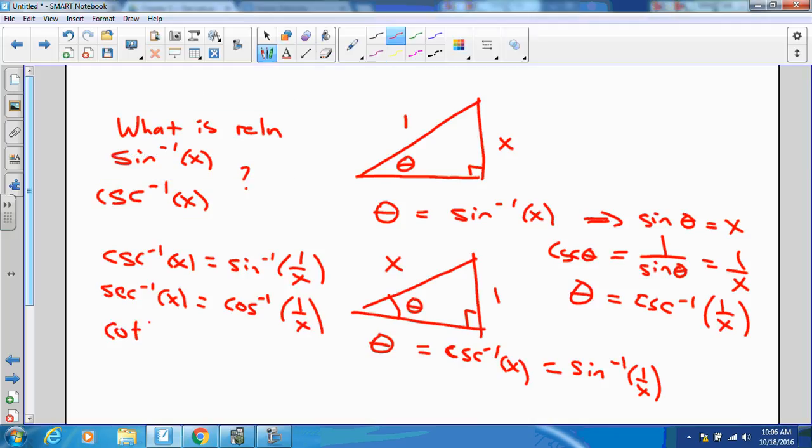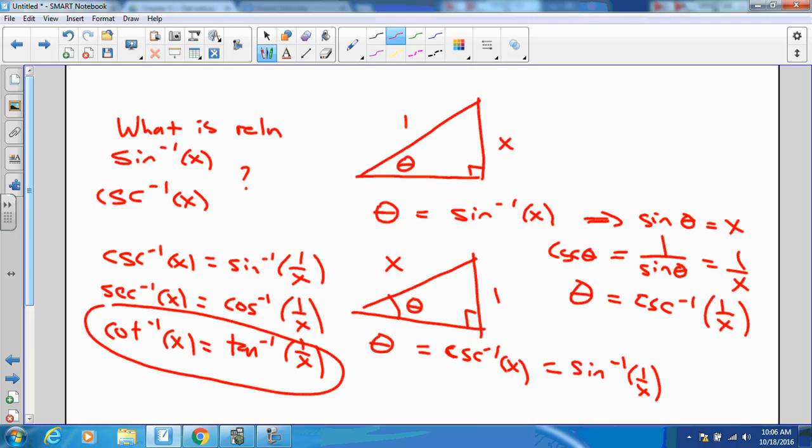And we expect, therefore, that the inverse cotangent of x should be equal to the inverse tangent of 1 over x also, because the two functions are reciprocals of each other. So notice that the reciprocal relationships are essentially inverted.